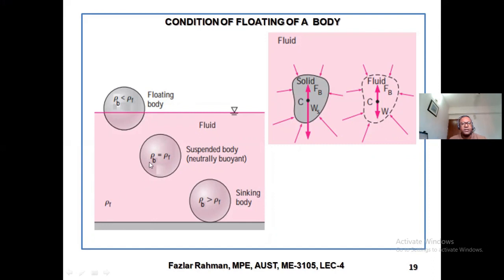Then this one is called a suspended body, because if you move this body somewhere, moving over here, it will stay here. You move it down right over here, it will stay here. And if the density of the body is higher than the density of the fluid, then it will remain sunk. Okay. Are you able to hear me?